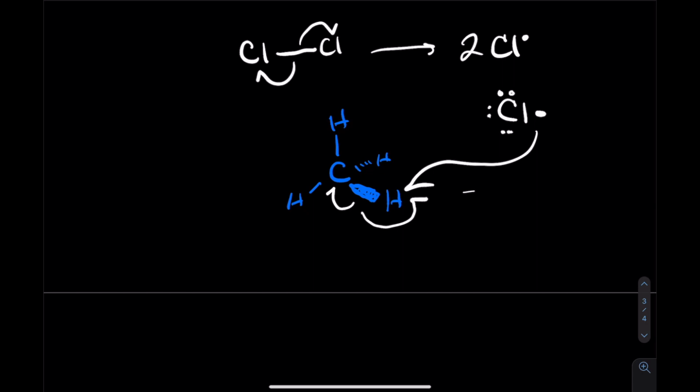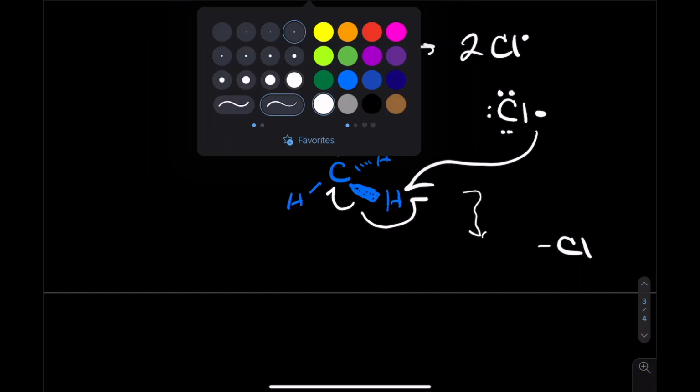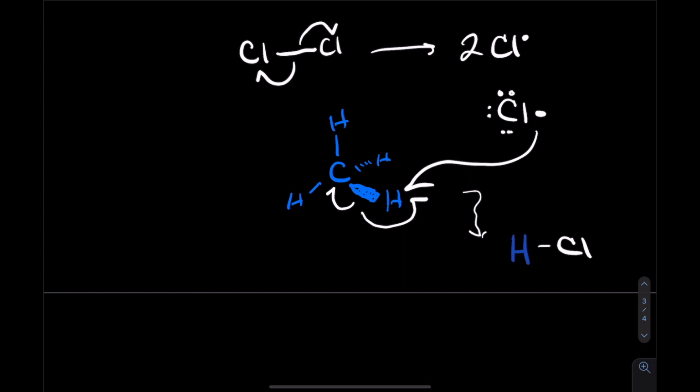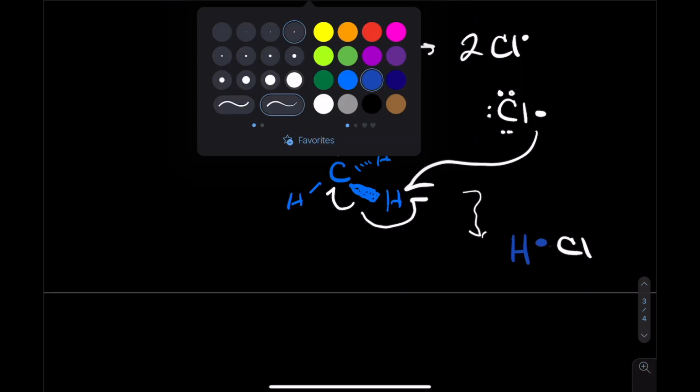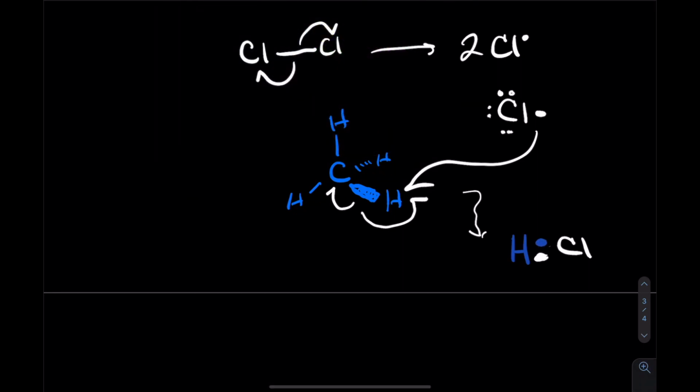So what does this then generate? That makes chlorine now has 1 electron from the original chlorine, 1 electron from the methane, right? So let's keep that clear. So 1 electron came from that original bond and 1 electron came from the methane. So now chlorine has a full octet.